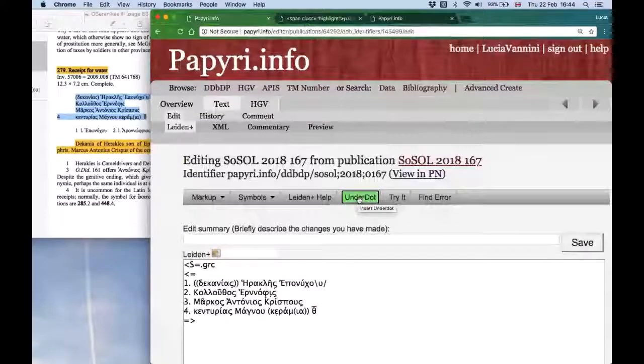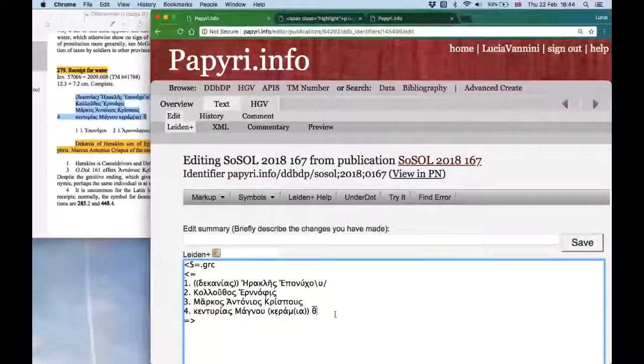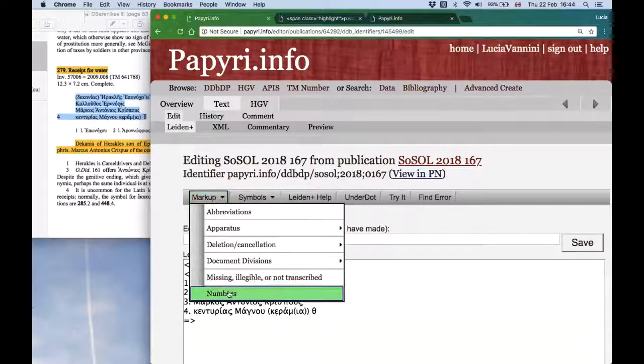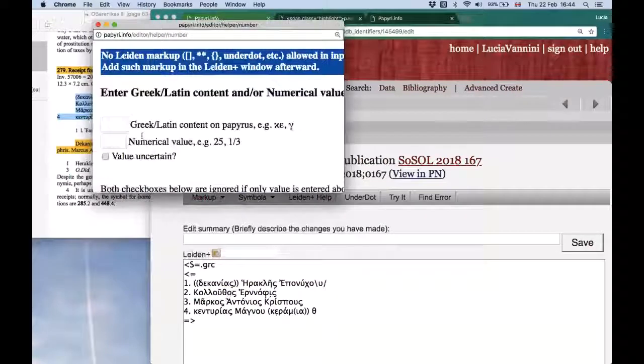Then at line 4, a numeral occurs, theta for number 9. So we cancel the dash, which requires a specific markup. Then to encode the number, we go to markup and the numbers, and we enter here in this form the theta and its value.